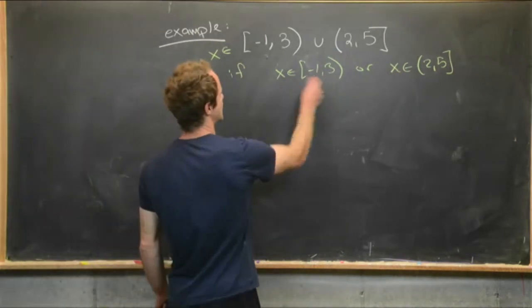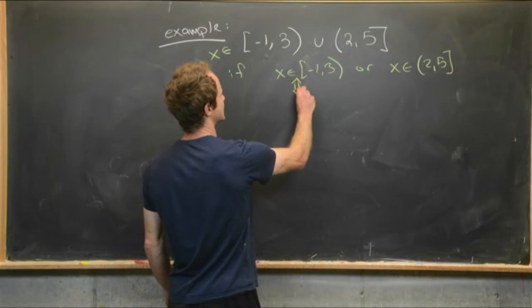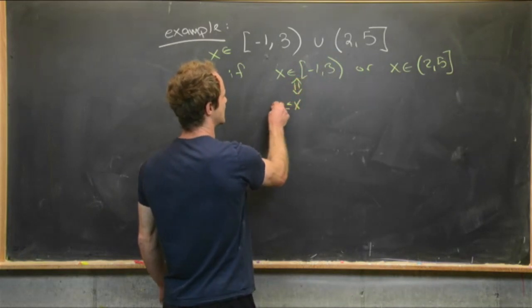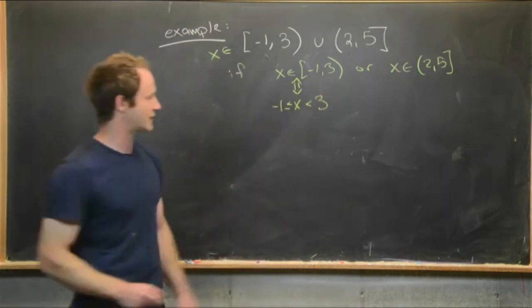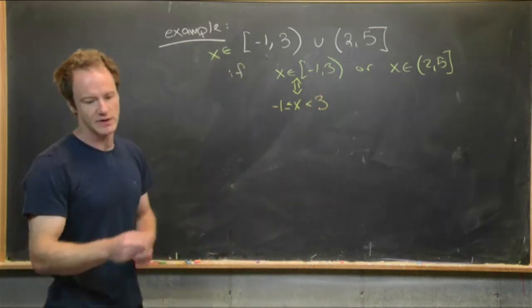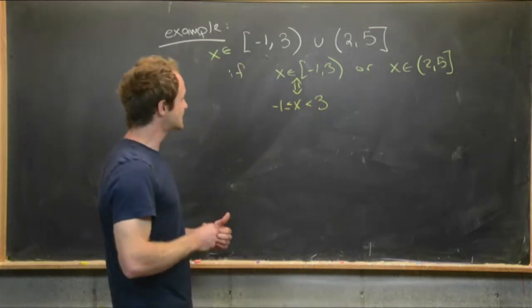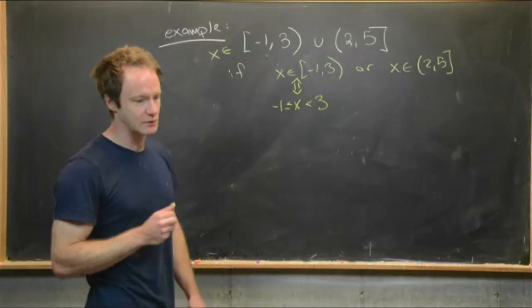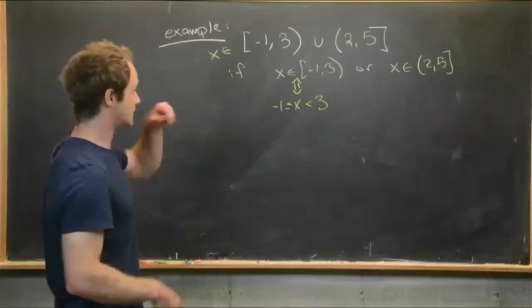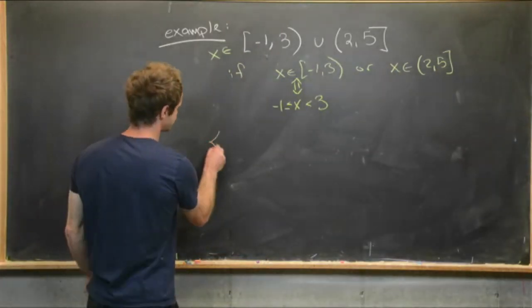Notice that x being inside here is the same thing as saying that x is bigger than or equal to -1 and less than 3. But to be honest, at this point, the best thing to do is draw a picture and see what's happening geometrically.